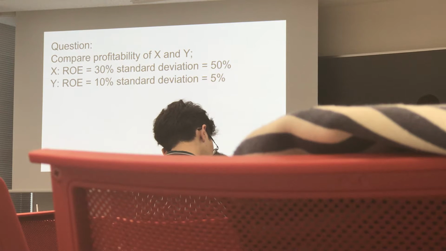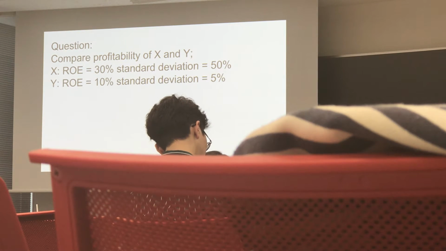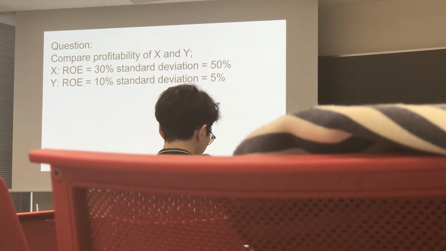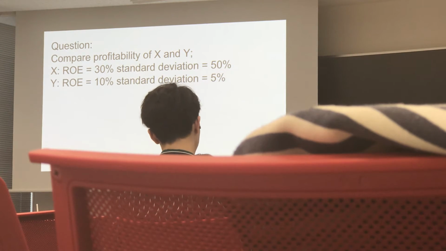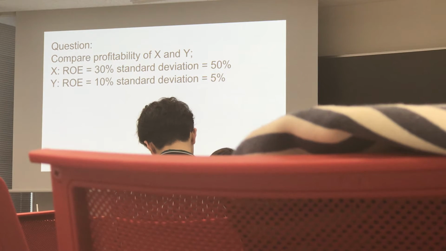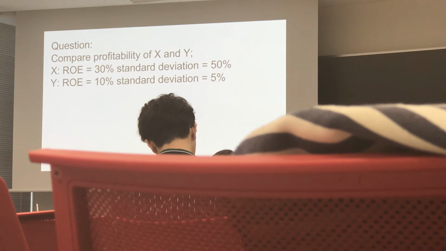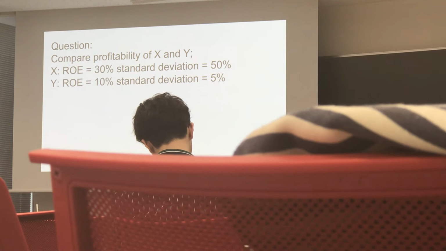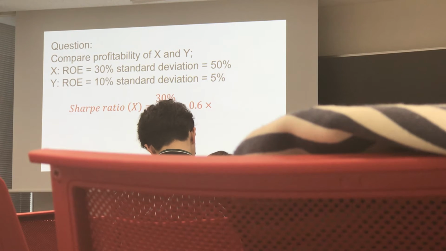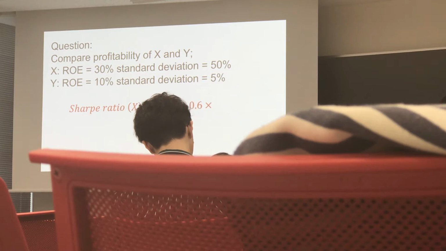You can see this exercise: compare the profitability of X and Y. ROE 30% and sigma, that is standard deviation, 50% for X. And ROE 10%, sigma or standard deviation 5% for Y. Answer: Sharpe ratio for X is 30% over 50%, 30% divided by 50% makes 0.6.